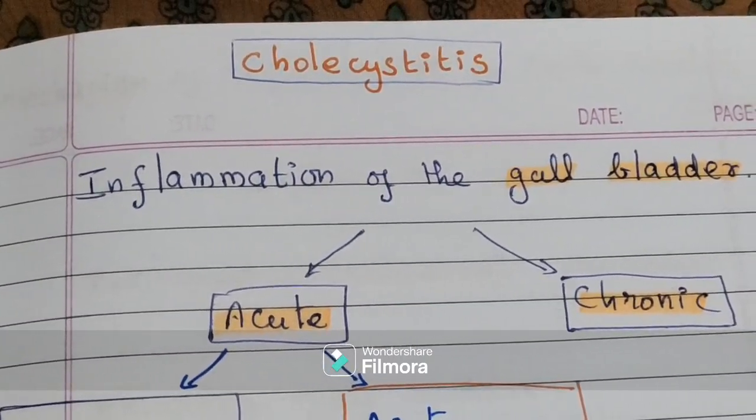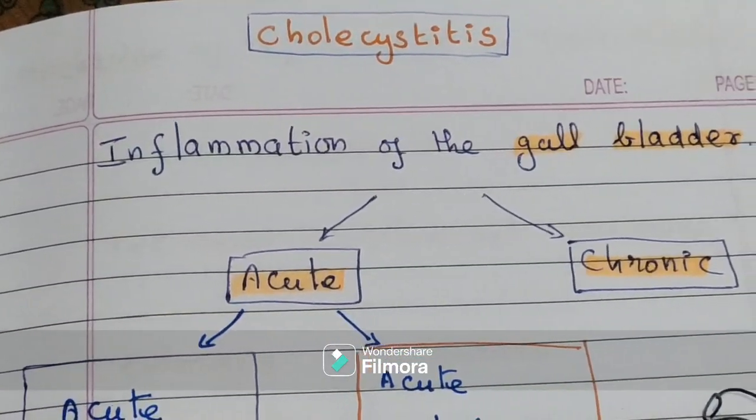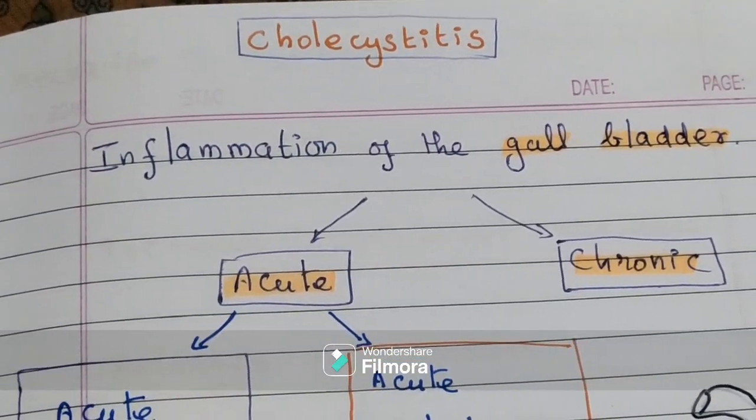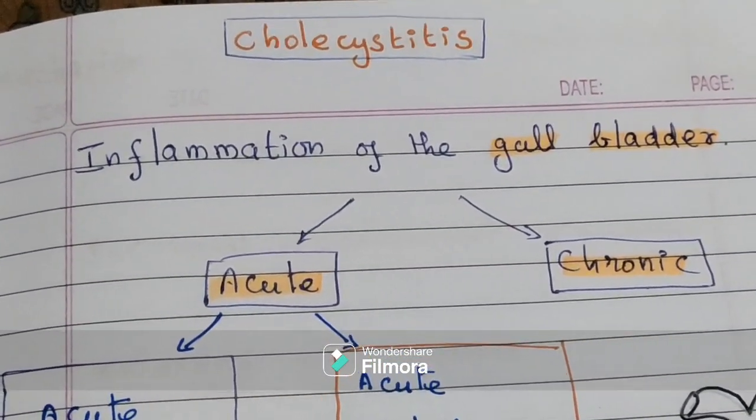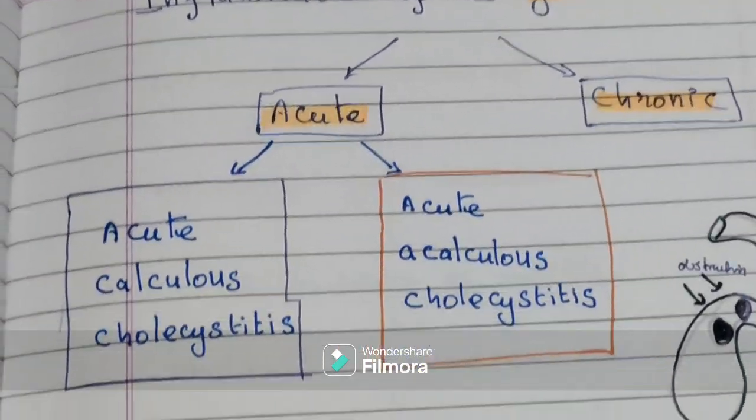In this video, we'll discuss cholecystitis. It is referred to as inflammation of the gallbladder. Inflammation of the gallbladder can be acute or chronic.